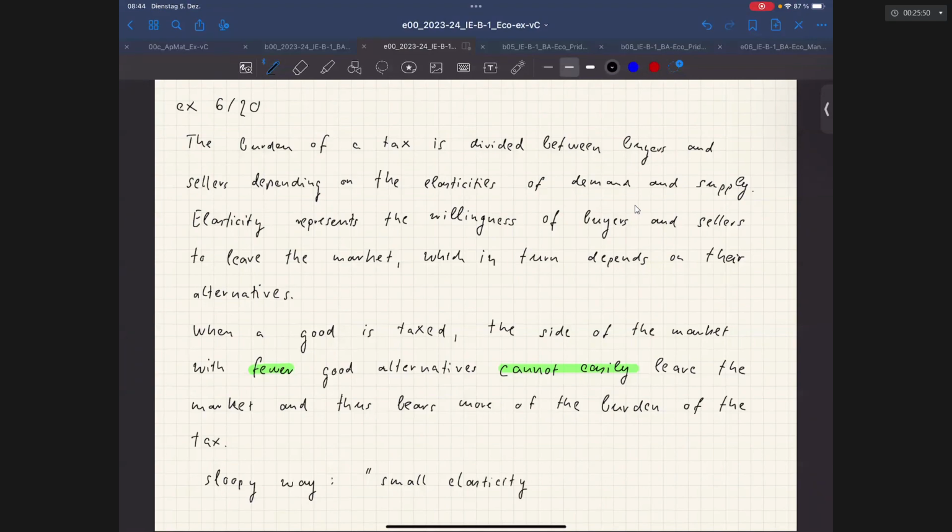Once you have the smaller elasticity, the smaller the elasticity, the tax hurts more. German translation would be: die Steuer tut mehr weh. Die Steuer bereitet mehr Schmerzen. More pain in terms of a larger disadvantage for you, okay?